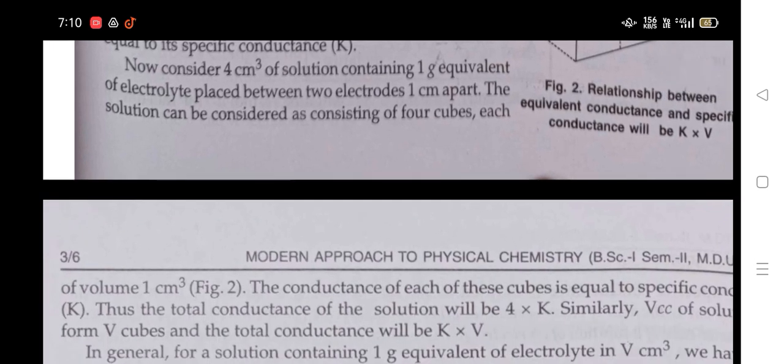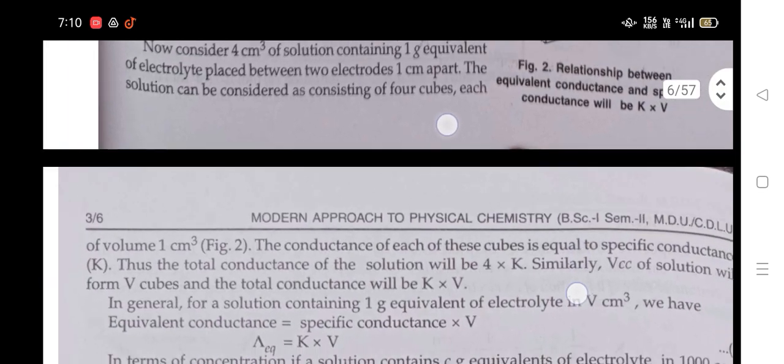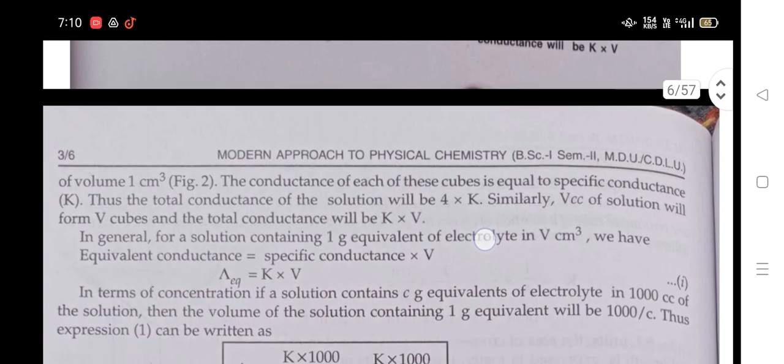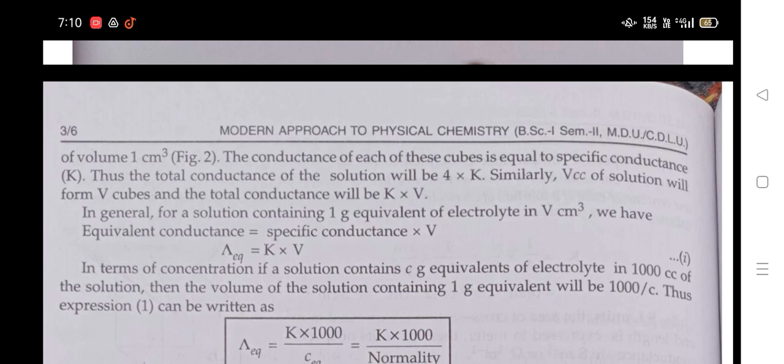The solution can be considered as consisting of 4 cubes each of volume 1 centimeter cube. The conductance of each of these cubes is equal to specific conductance. Thus, the total conductance of the solution will be 4 multiplied by kappa. Similarly, V cc of solution will form V cubes and the total conductance will be kappa multiplied by V.